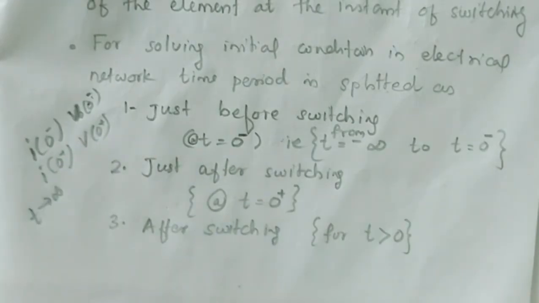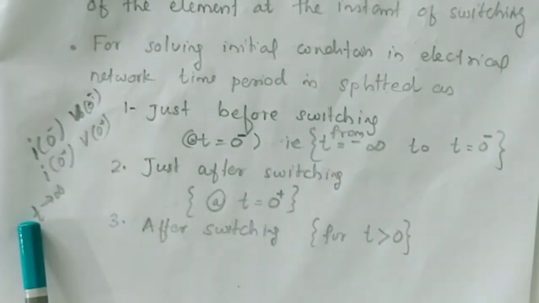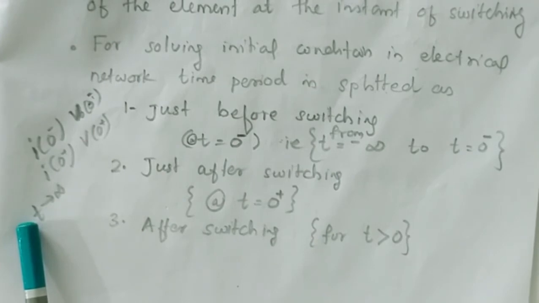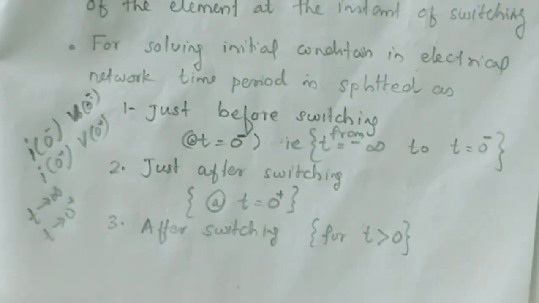The response of the network at t tends to infinity is known as the final response or steady state response. Similarly, the response at t tends to 0 plus is the transient response. Therefore, to obtain the steady state and final condition, we need to evaluate the network at t tends to infinity. Similarly, to obtain the transient response, we need to evaluate the network at t tends to 0 plus.